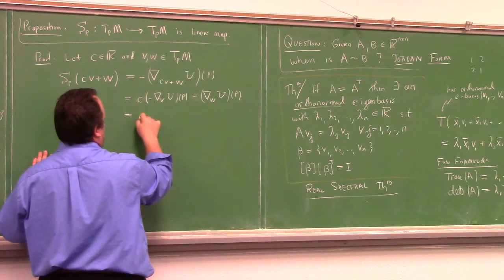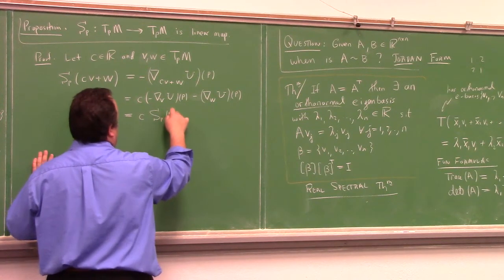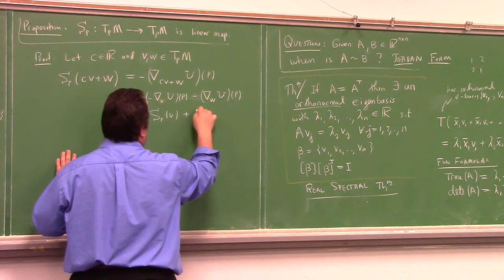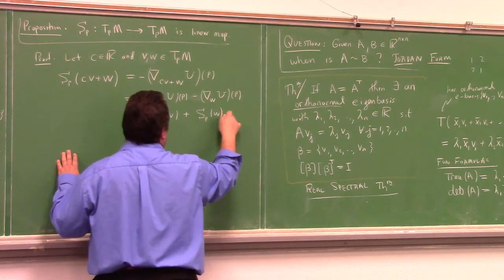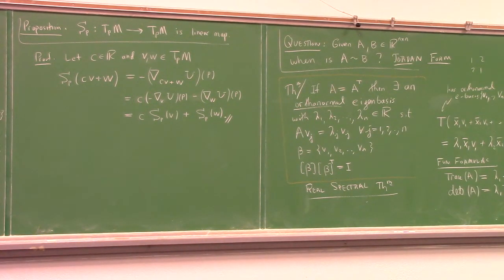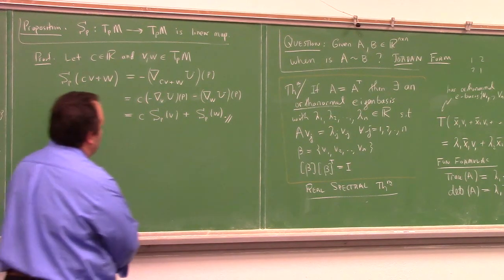So that's c times the shape operator acting on v plus the shape operator acting on w. And there you go. That proves that the shape operator is a linear map.